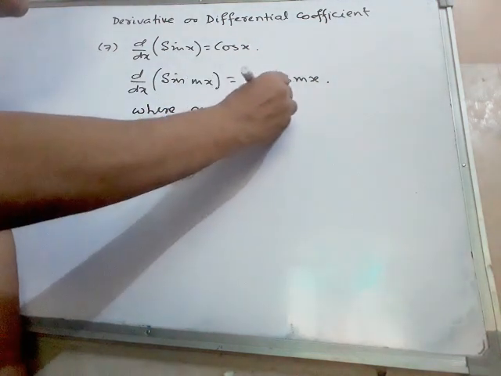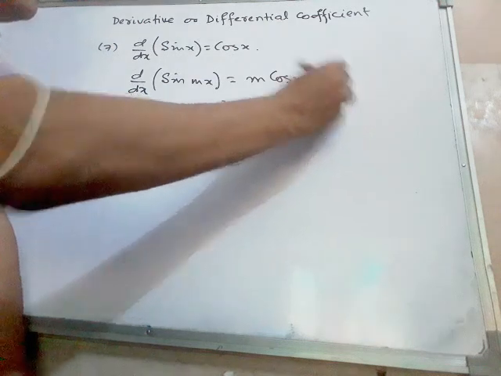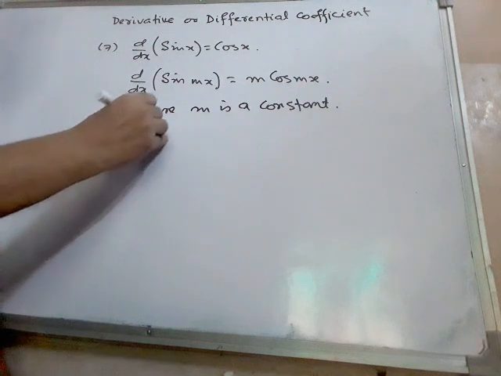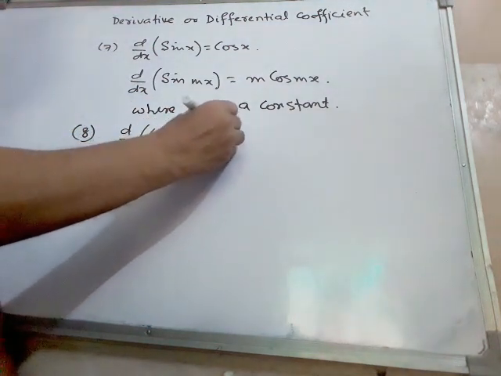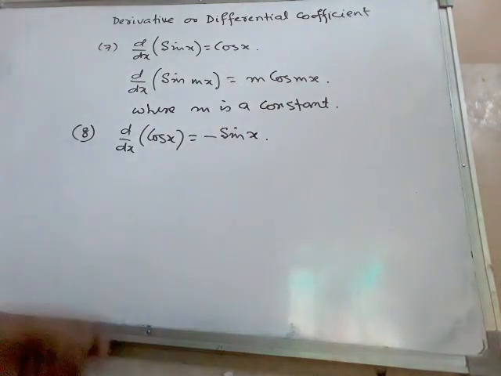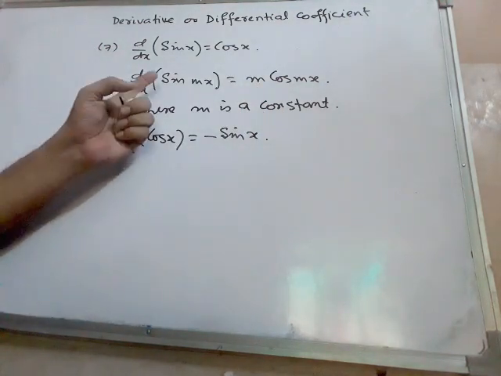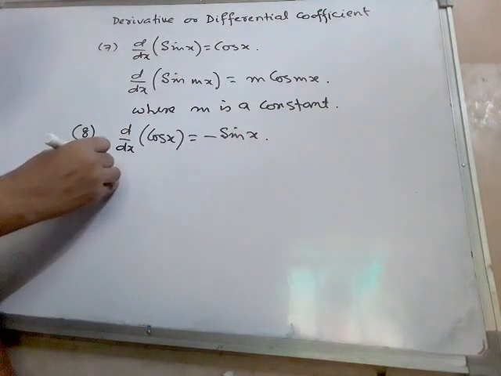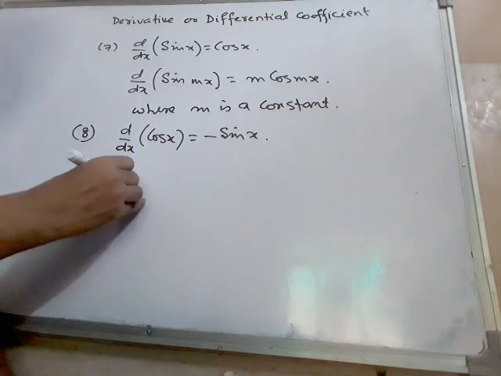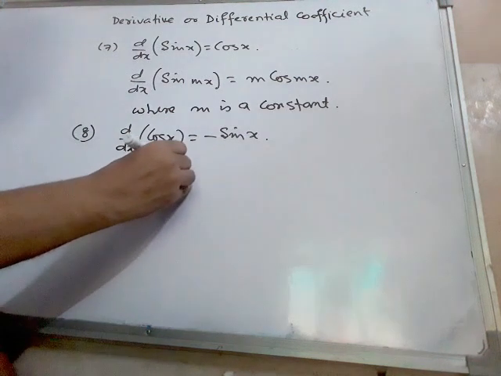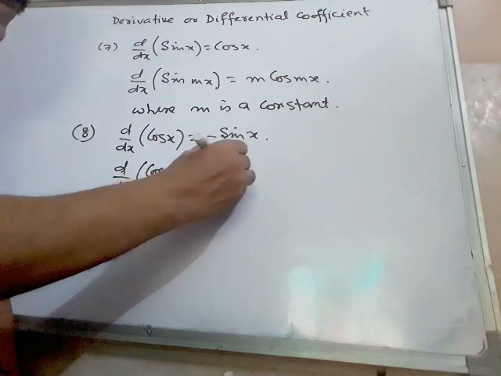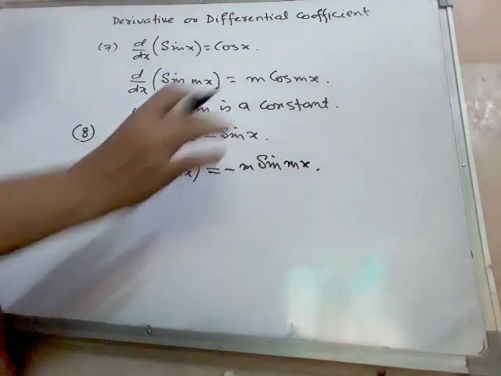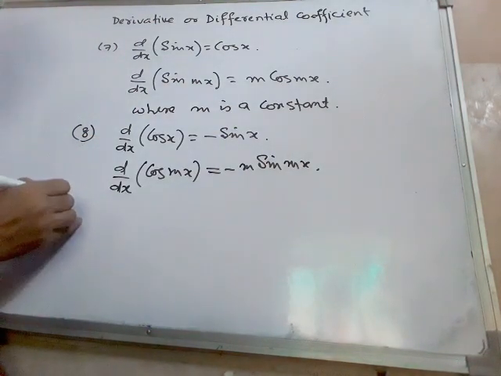Formula number 8: d/dx of cos x equal to minus sin x, and similarly d/dx of cos mx will be minus m sin mx. This rule is applicable for all other trigonometric ratios.